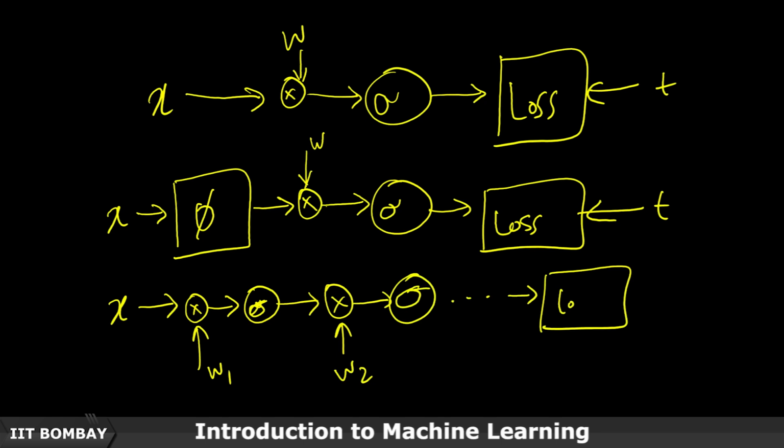Then again we compute a loss function by comparing it against the target t. So that's basically the difference: this layered increase in the complexity of models for neural networks.